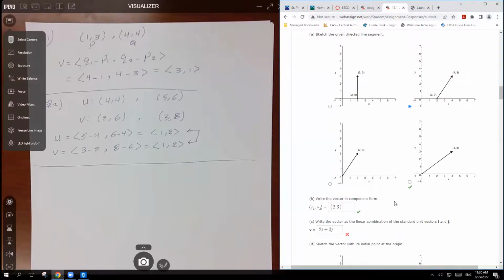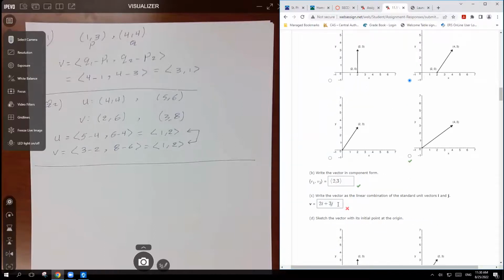When I submitted that answer, you have to put the arrow on top of the i and the j. Oh yeah, okay. That's kind of dumb. So you can also find it here. Oh yeah. So you can choose these i and j. Do you think I can choose these i and j?